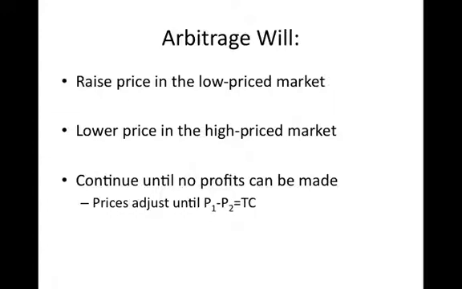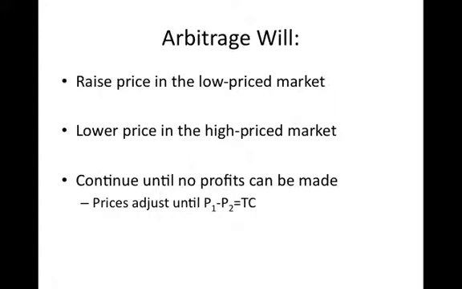In particular, through this arbitrage process, or the process of identifying profitable transportation flows, what we'll see is that that process will raise the price of the product in the lower priced market, and it'll lower the price in the higher priced market. And it'll continue until no further marginal profits can be made.